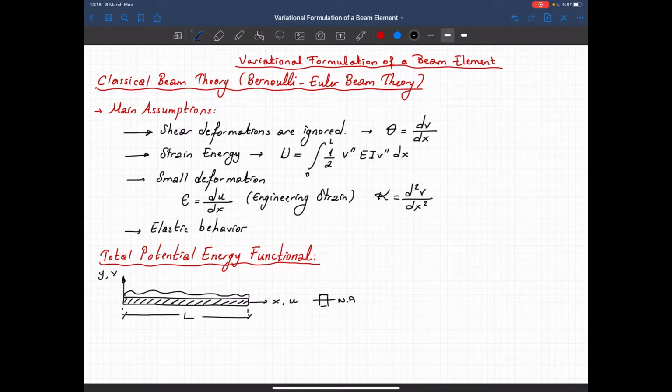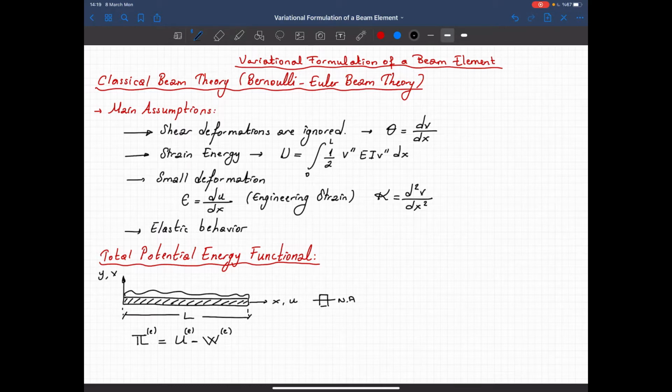Okay, so let's write down the total potential energy functional, and for this case the P is equal to internal strain energy minus the external work. So I will no longer show it as an element. Remember that in the truss element discretization, we figured out that we can write the total potential energy functional at each element, and the stationary conditions hold for it.